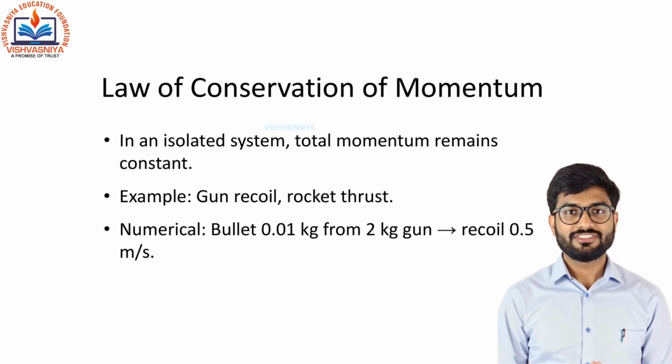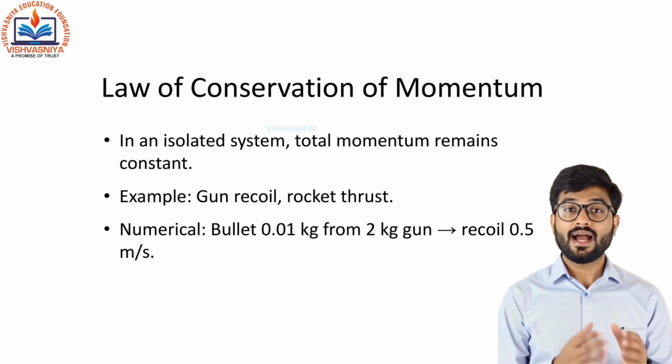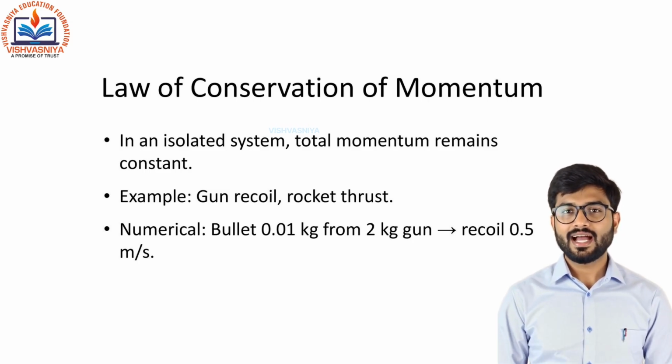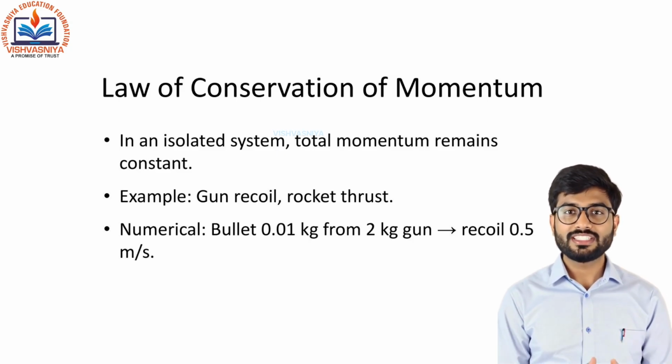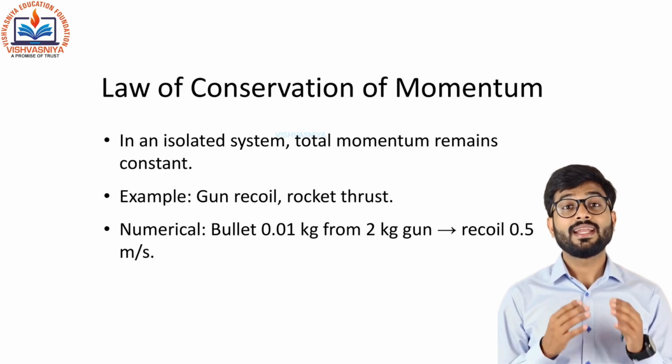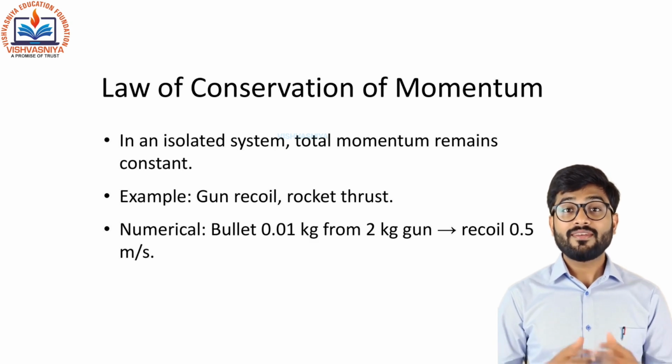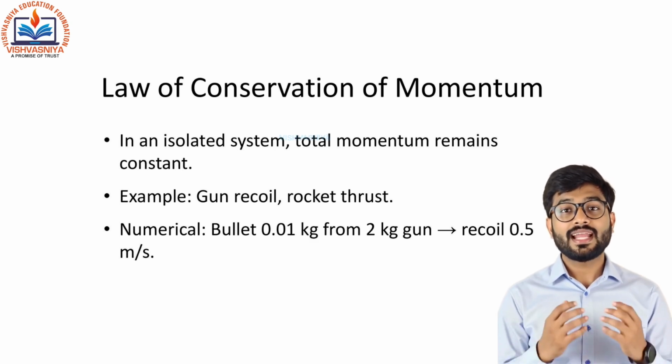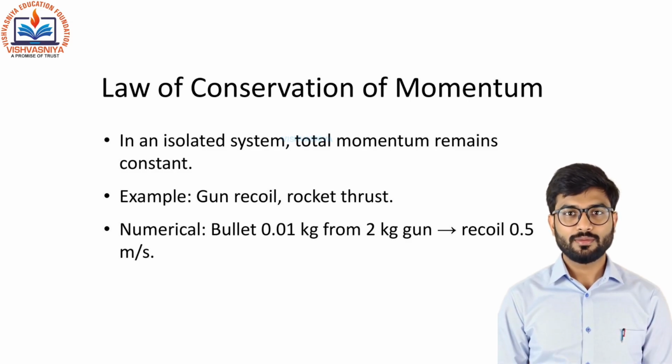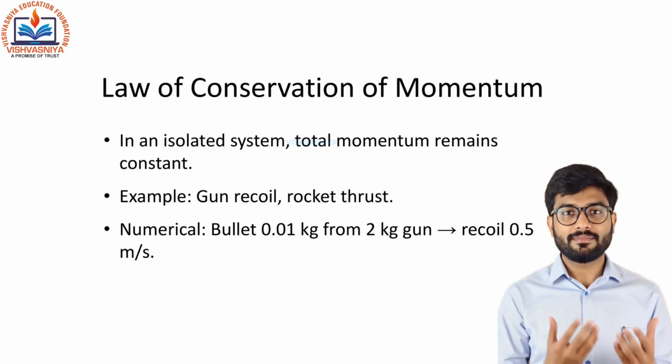If the bullet leaves the gun with a velocity of 100 meters per second, then the gun recoils with velocity equal to 0.01 multiplied by 100 divided by 2, that is 0.5 meter per second in the opposite direction. The total momentum before and after firing remains zero, it is conserved.